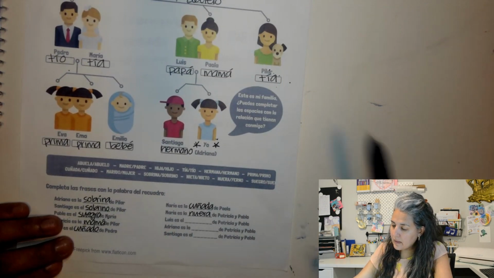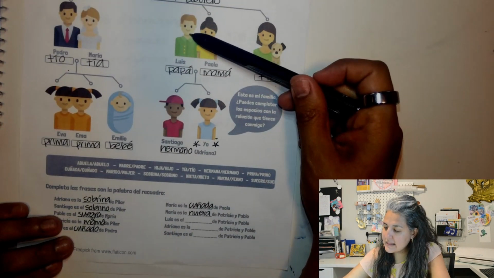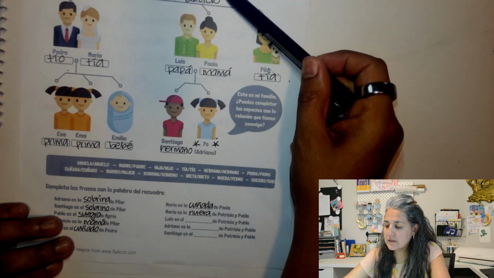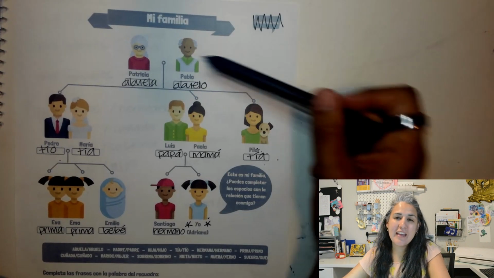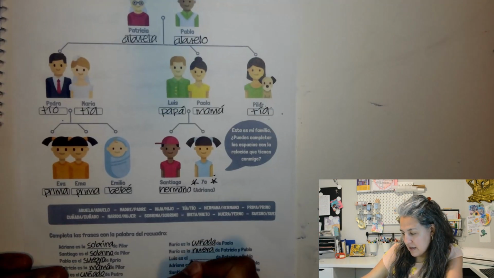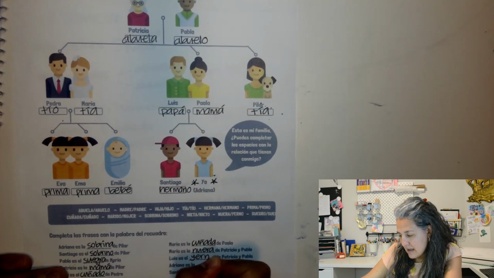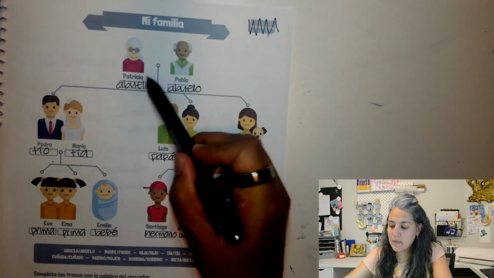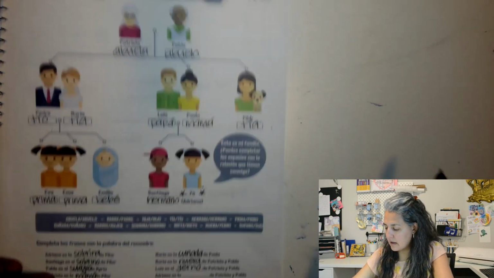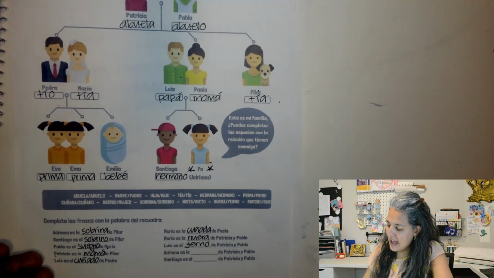Luis es el de Patricia y Pablo. Luis es el yerno de Patricia y Pablo. Nuera y yerno. Luis es yerno de Patricia y Pablo. Two more to go.